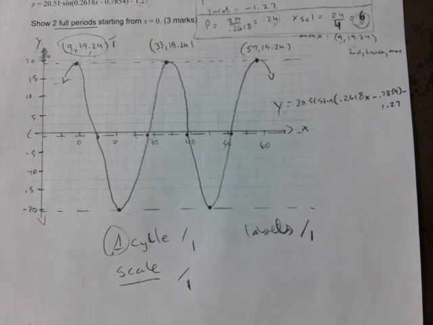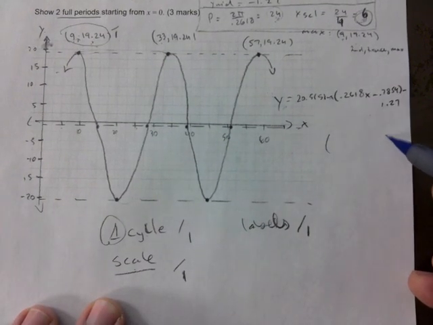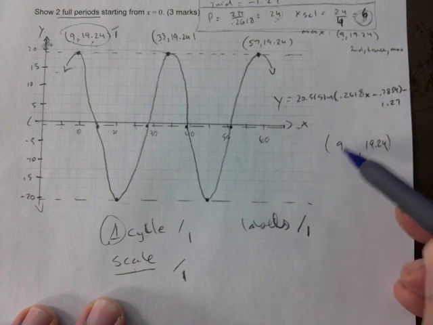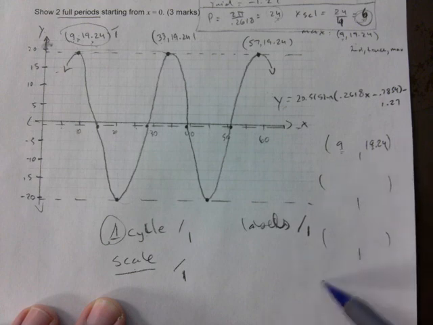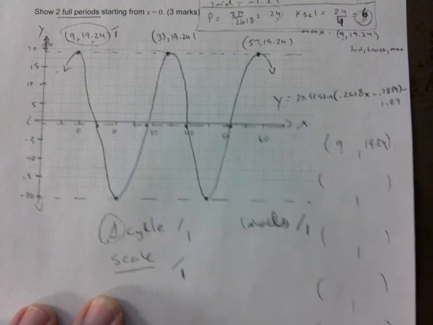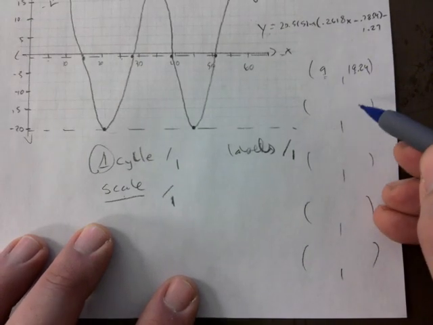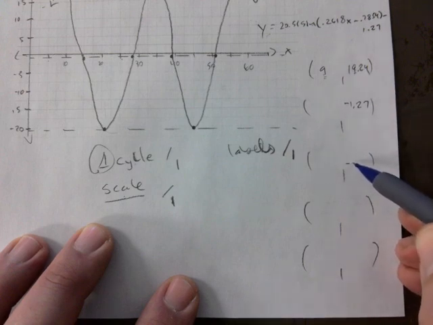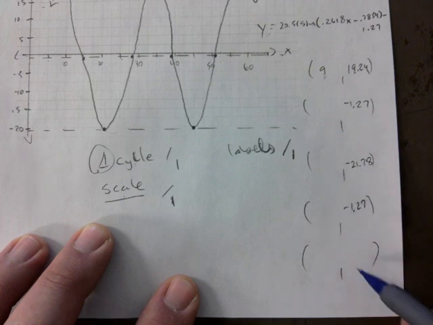Okay. I don't know if you did the homework. I don't know if you started. I started to do this for some of you, right? We start at 19.24, and that's 9 point. This is the one you use your calculator for, and then you do 5 of these, right? You know that it's 19.24, then it's negative 1.27, then it's negative 21.78, and then back to the mid and back to the max.